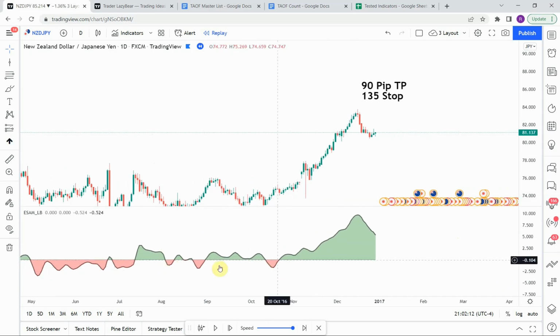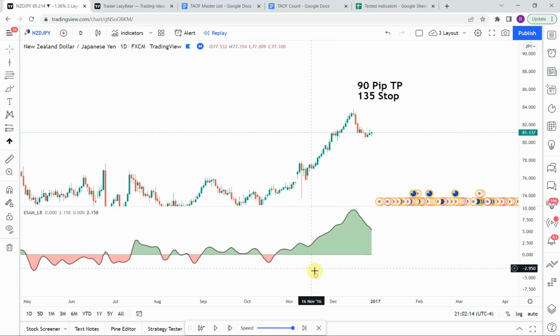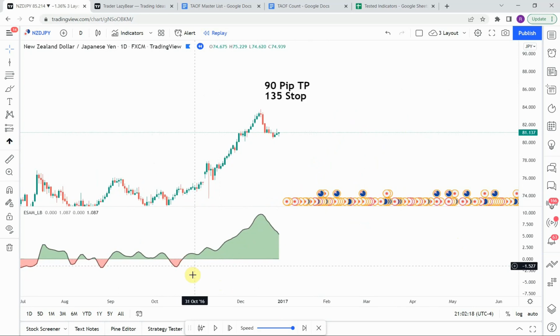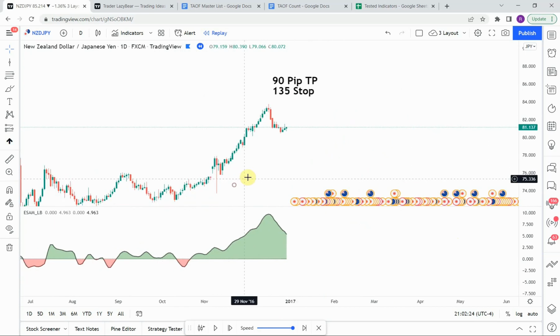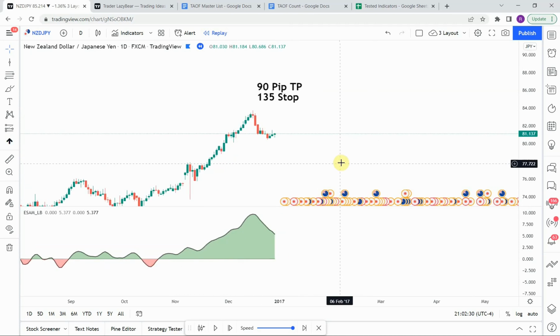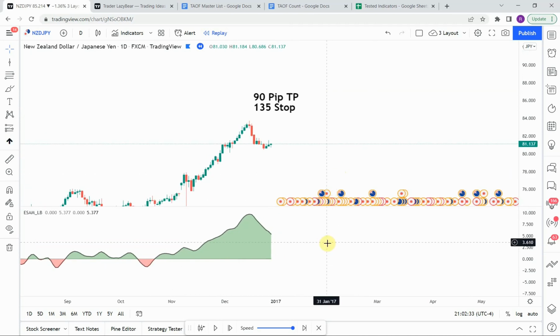It's giving us red and green background coloration. And as you can probably guess, what we're looking for is when the oscillating line breaks to the upside of the zero line, we are going to go long. When it breaks to the downside of the zero line, we are going to go short. So like I said, pretty simple setup, not much to it other than that. Let's go ahead and get on with the testing and see what we can get out of it.